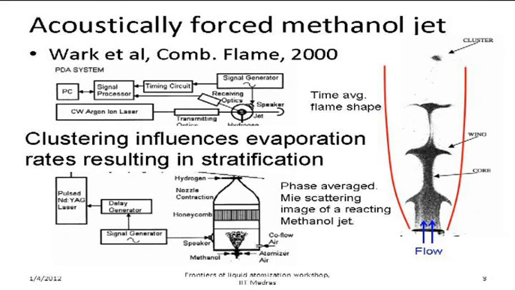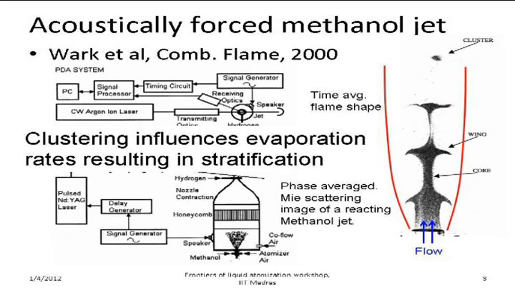So this is a paper I found when I was looking for pictures on how droplets would behave under forcing. This was from a paper by Wark, and he had his setup shown here as a schematic, and he's basically got a methanol spray down here, which he forces with a speaker.